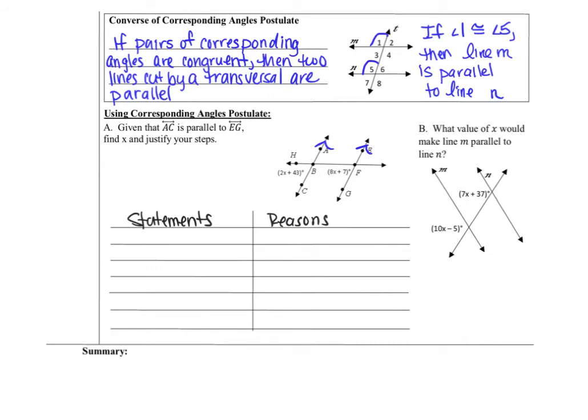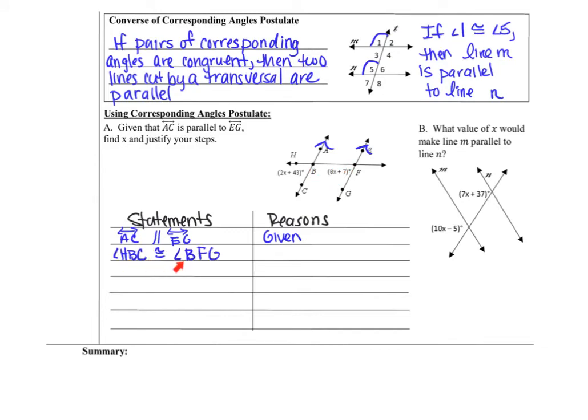So first, we want to state what is given. So we're given that line AC is parallel to line EG. So we want to make sure that that's going to be our first statement: AC is parallel to EG, which is given. So because these two lines are parallel, that means that this angle, which is HBC, is going to be congruent to BFG.